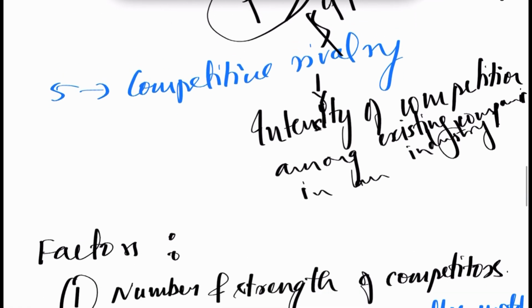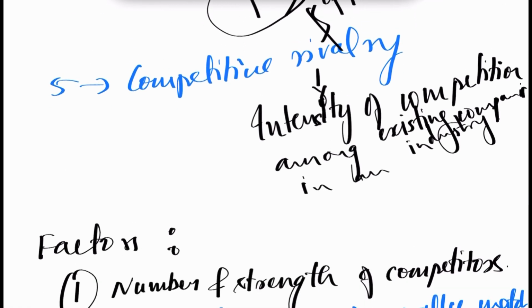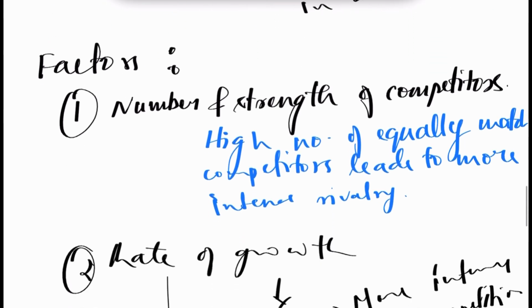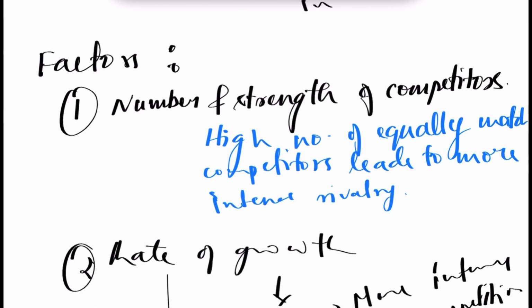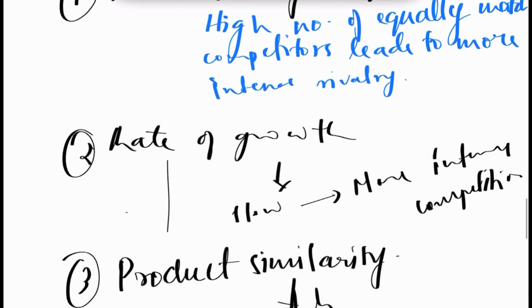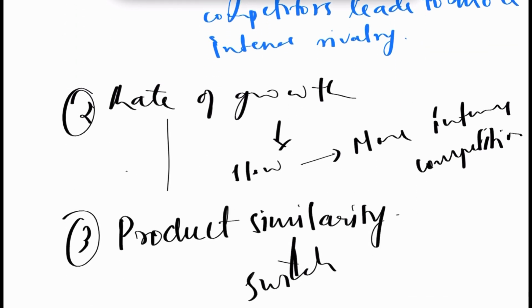Okay. So here competitive rivalry means the intensity of the competition among the existing companies in an industry. The factors driving it are the number and strength of competitors. If there is a high number of equally matched competitors, this will lead to more intense rivalry. Rate of growth: if the rate of growth is slow, then there will be more intense competition.